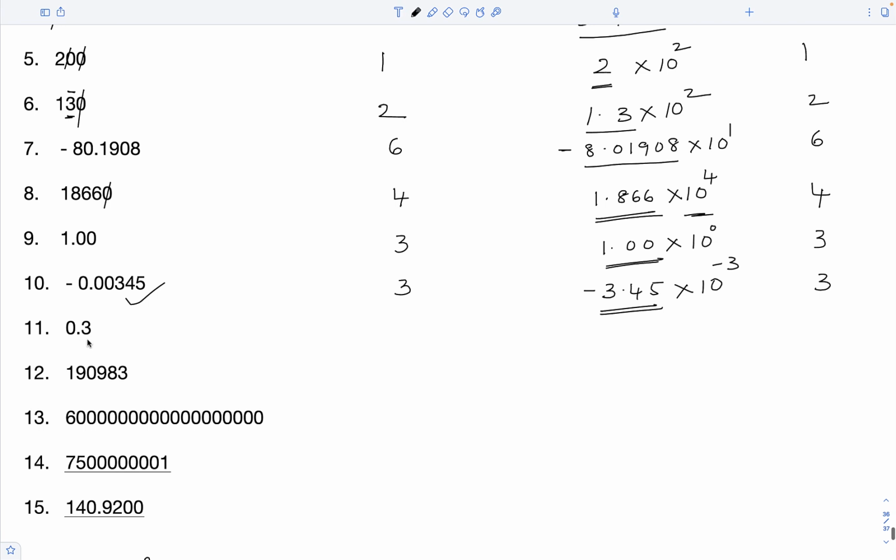In the next measurement, we have only 1 significant figure, and that can be represented as 3 multiplied with 10 to the power of minus 1 in scientific notation. And this significand tells clearly that there is only 1 significant figure. Also, there is only 1 digit in the significand.